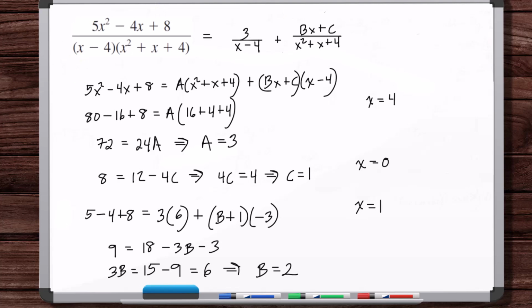B is equal to 2. Bx plus c, so 2x plus 1. And there you go. That is the decomposition.